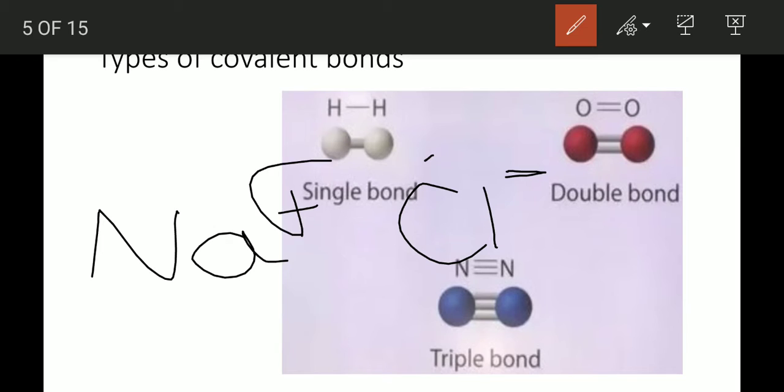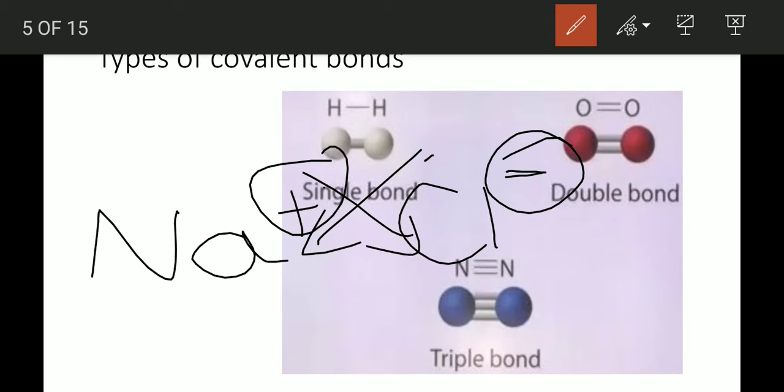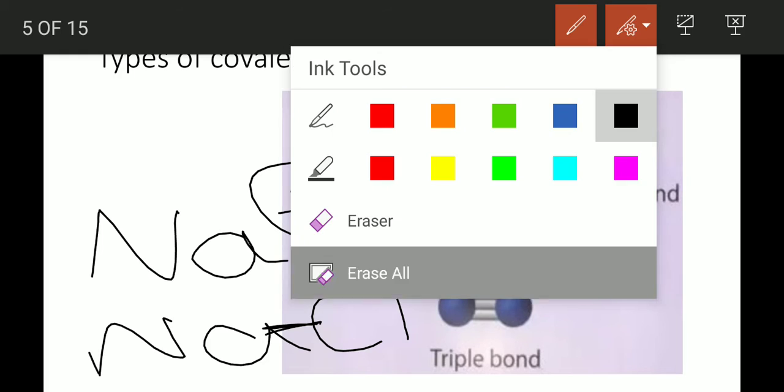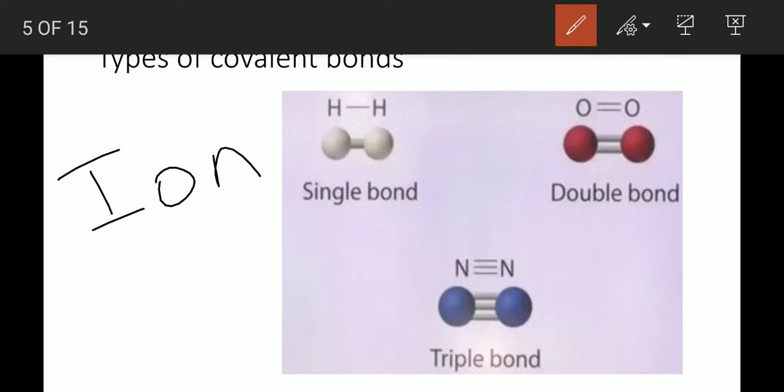Because these are positive and negative, unlike charges attract each other by electrostatic force, and they become NaCl. A bond forms between these two, and this bond is called ionic bond. Ionic bond is the bond formed by transfer of electrons.